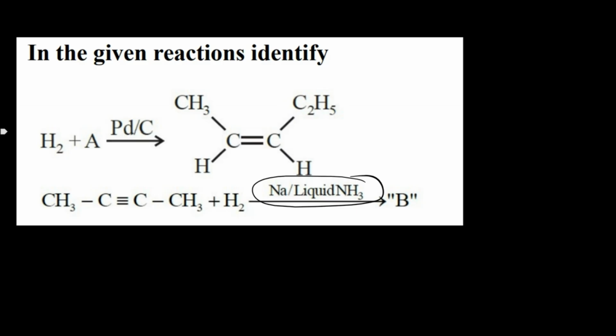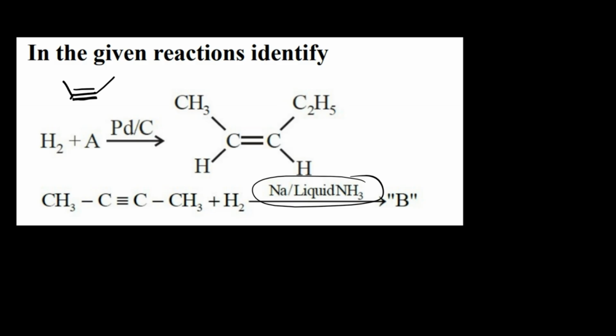It must be an alkyne so that it can form alkene, because only 1 mole of H2 is involved here. So A must be an alkyne, here I don't have anything, so that is a triple bond with CH3. This is A. That is butyne, right?